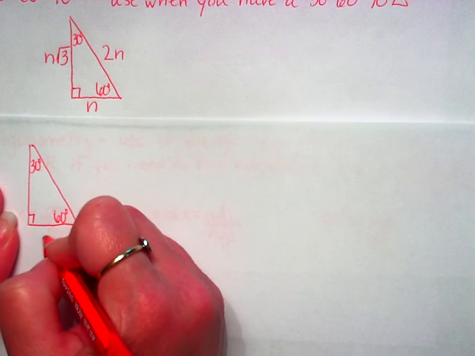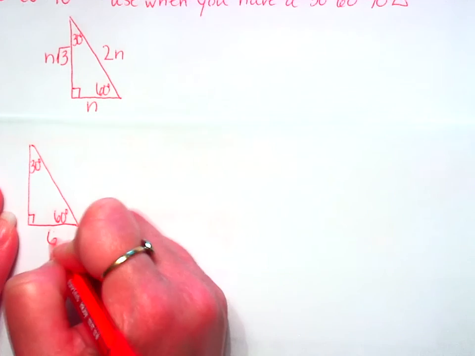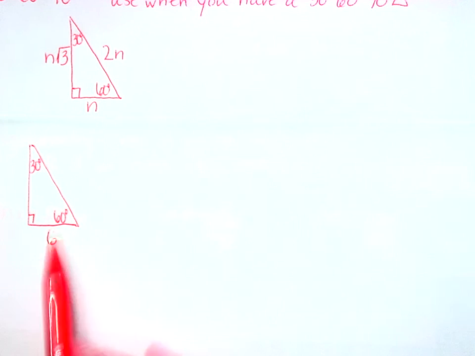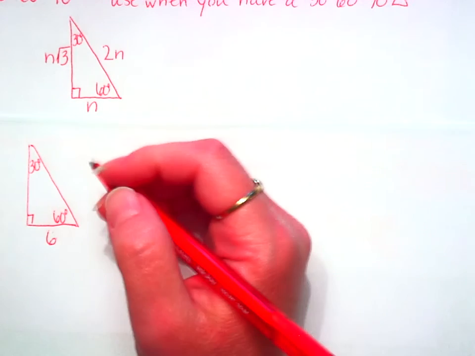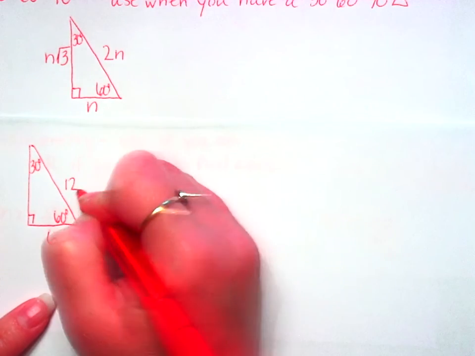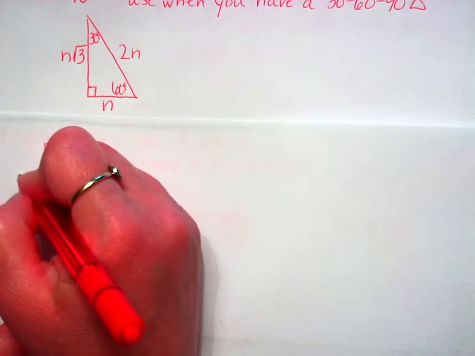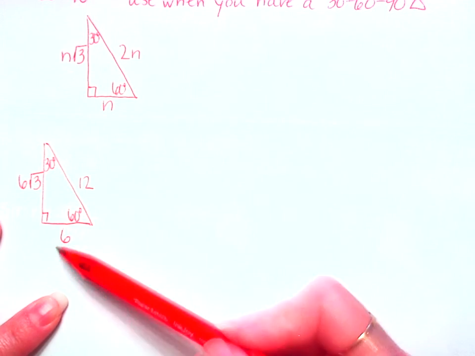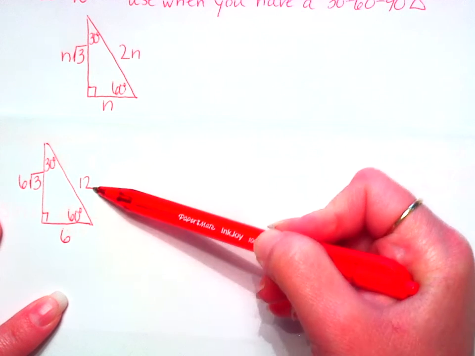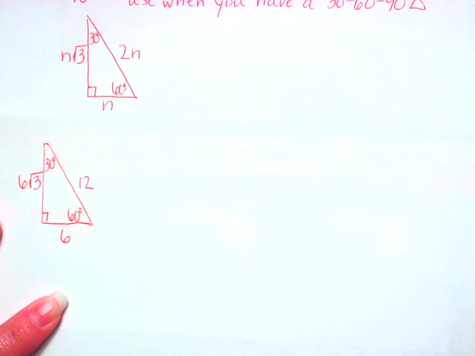Okay, so let's say this is 6. Well, that's your n. The hypotenuse is supposed to be 2n, so it's supposed to be 2 times 6, or 12. And then this side is supposed to be the n, the 6, times the square root of 3. So this is your n, this is 2 times n, this is n square root 3.